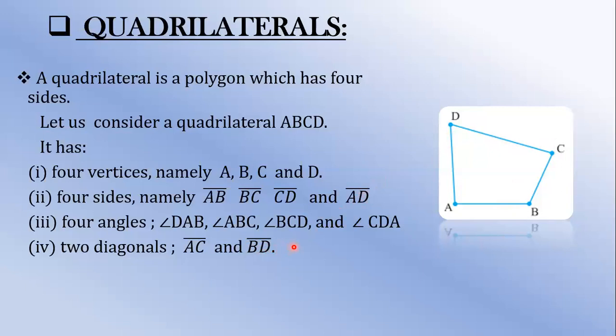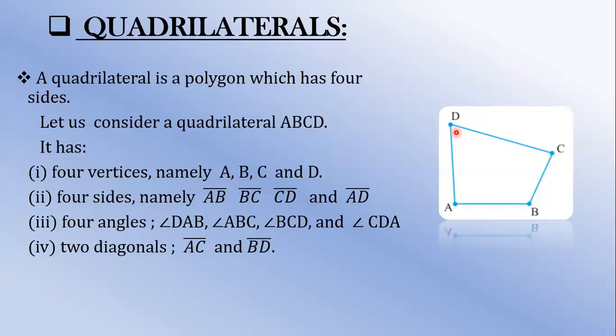Now, it has 2 diagonals. What is the meaning of diagonal? A diagonal is the line segment that joins the opposite angles. Here, there are 4 angles: angle A, angle B, angle C, and angle D. Which are the opposite angles? Angle A and angle C are a pair of opposite angles. Similarly, angle B and angle D form another pair of opposite angles.